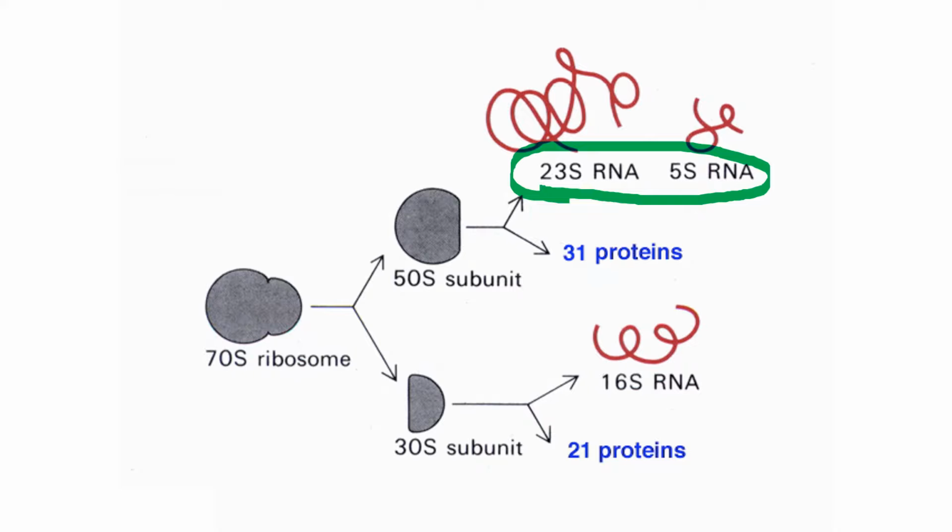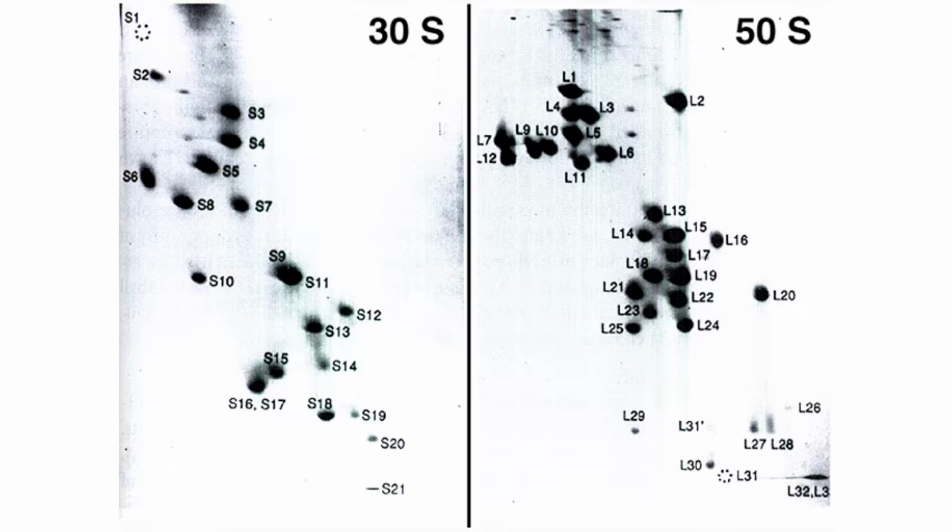2 different pieces and sizes of RNA in addition to 31 proteins. The 30S subunit is composed of 1 16S RNA and an additional 21 proteins. So quite a few components. The next slide shows an electrophoresis of the ribosomal proteins.